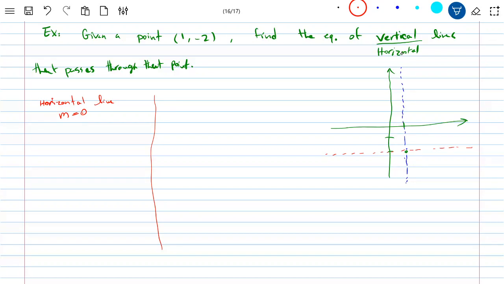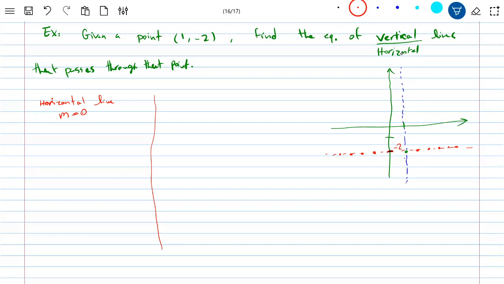What does a horizontal line look like? If you pick any point on the horizontal line, all these points have the same y value. What is that y value? -2 in this case. So the equation of the horizontal line doesn't depend on x at all.